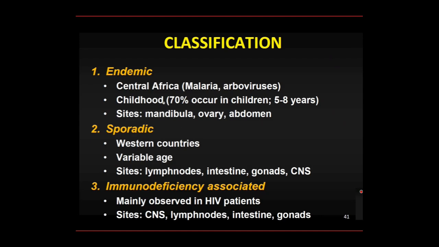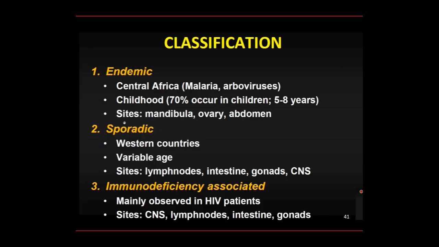It's not completely understood, but the mandible is a site of hematopoiesis, and that is the age in which you have dental growth, some stimulation, and you can have inflammation at that site. So that may play a role.